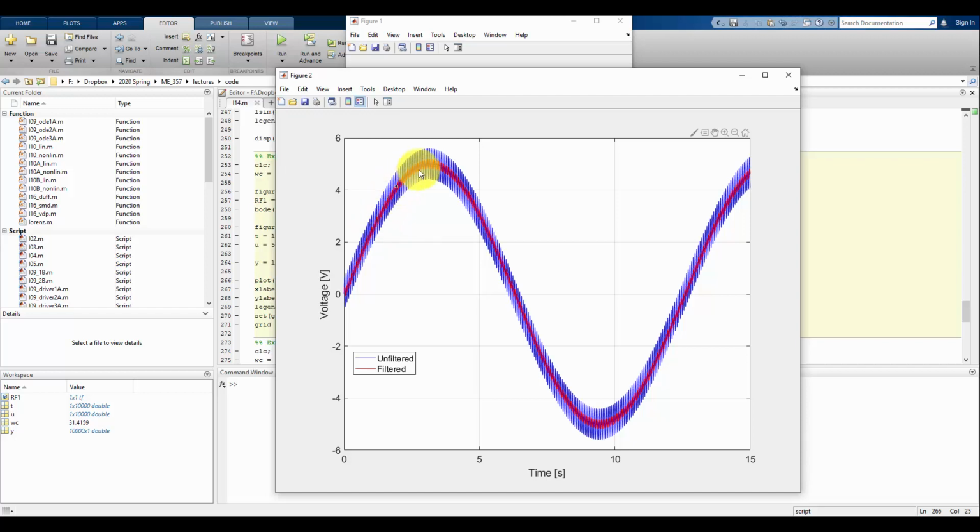We see that the slow moving part of the red line matches that of the blue, whereas the high frequency is much different. It's much smaller in the filtered signal. So we have low pass filtered our signal, and we can see the results here. Through the simulation, it looks like our filter is successful based on the transfer function we came up with.